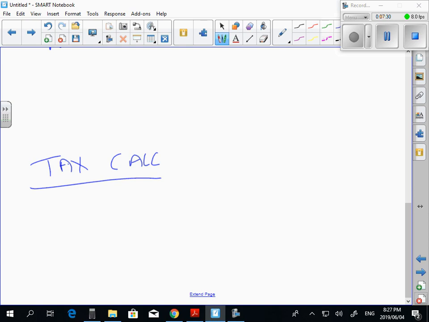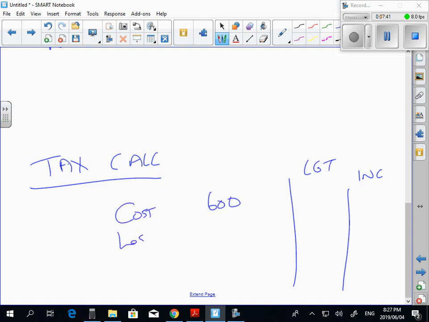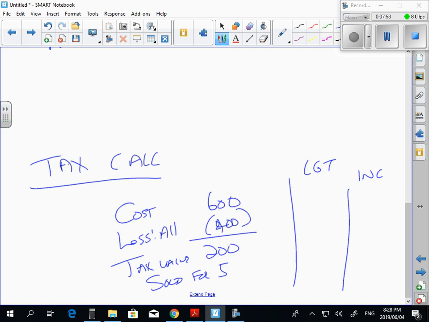Cost is 600. So if I had to do a tax calc, and I've got income and I've got CGT, I'm going to have cost 600 less allowances of 400 gives me a tax value of 200, sold for 500.